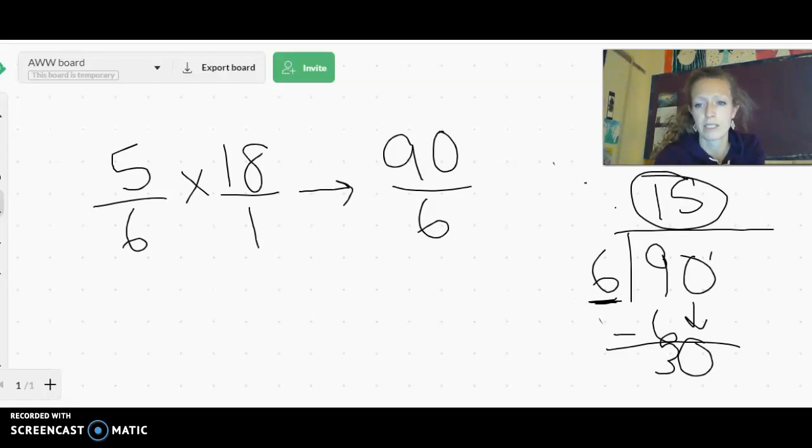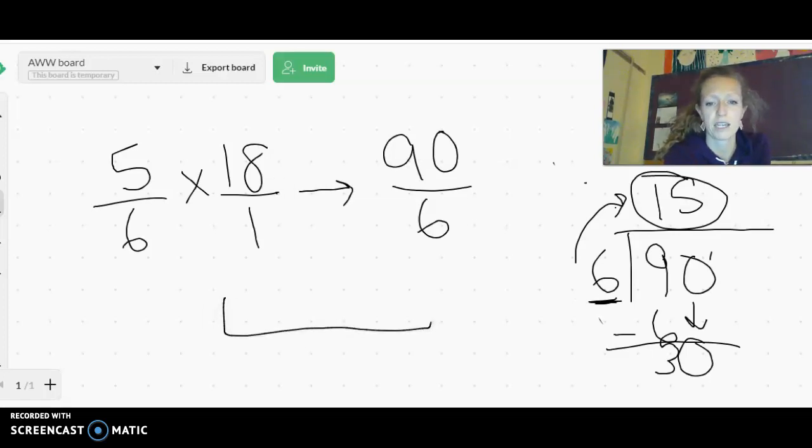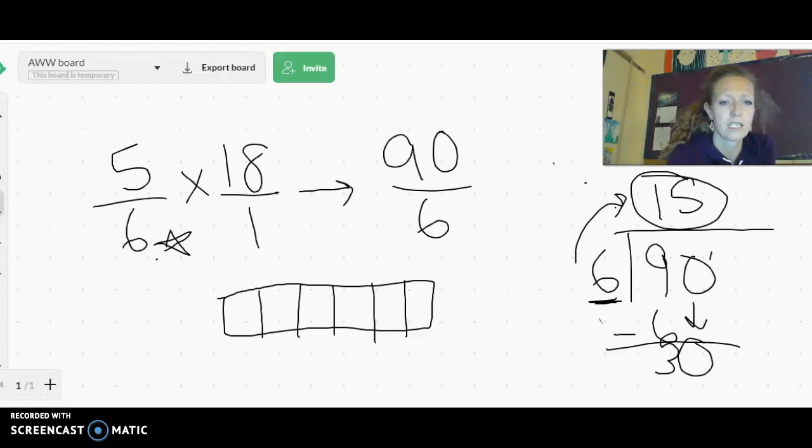You can check it by going 6 times 15. So if we drew this out, our whole number is 18, right? That's our box. And we look at our fraction. How many slices am I going to have? My denominator tells me how many sections, how many slices. 6. 1, 2, 3, 4, 5, 6. So, if I had to deposit 18 things, this is my whole 18, this whole box.